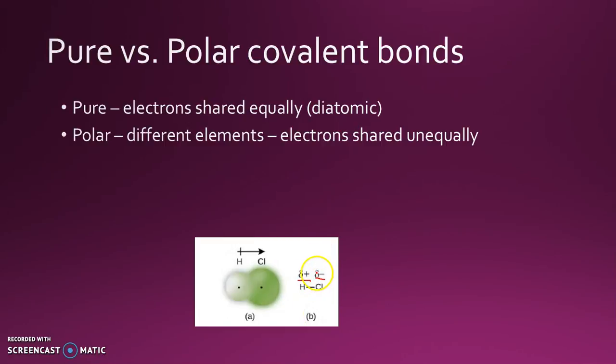That little squiggle thing at the top is a lowercase Greek letter delta, and it just stands for partial, meaning it's not an ion, so I don't have a complete positive 1 charge and a complete negative 1 charge, but I do have a little bit of a charge, so that Greek letter is used to show that.